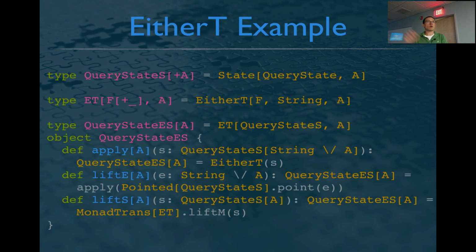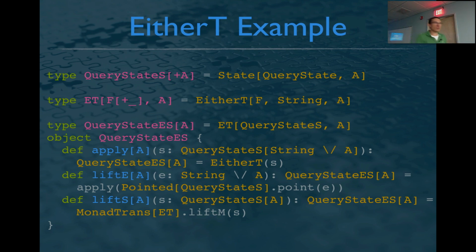But I still don't know what my value type is, so I'm going to make that a parameter, A. So the net result is QueryStateES takes a single type parameter A and just represents string or A wrapped in a state, lifted to EitherT.